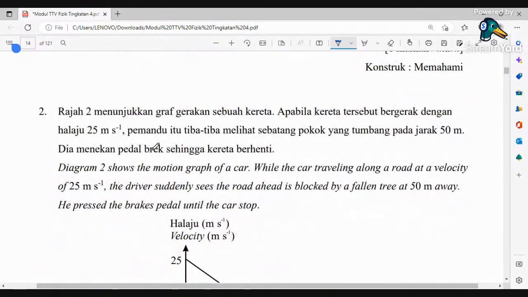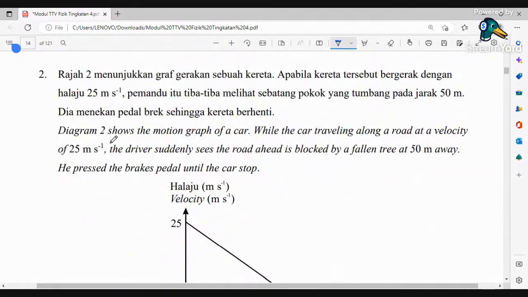Number 2. Diagram 2 shows the motion graph of a car travelling along a road at a velocity of 25. The driver suddenly sees the road ahead is blocked by a fallen tree 50 meters away. He pressed the brake pedal until the car stopped.